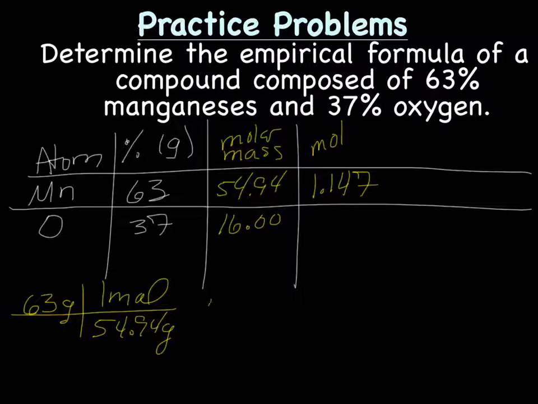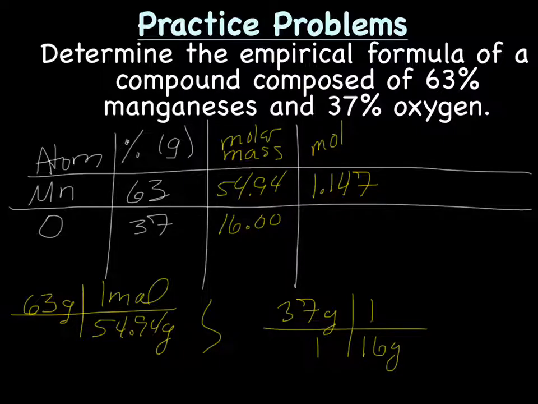All right, if we do this again for oxygen, we're going to have 37 grams of oxygen over 16 grams of oxygen for the molar mass over 1 mole. And we put that in the calculator, we come up with 2.3 moles.